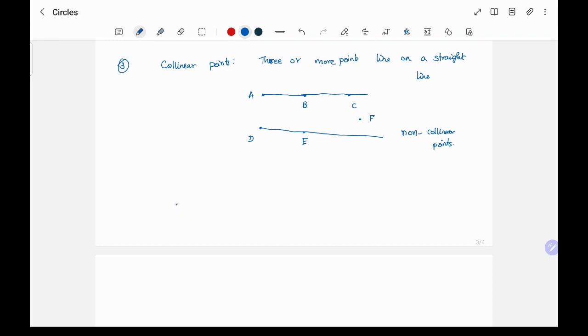Suppose we have three or more non-collinear points, then there exists one and only one circle passing through them.